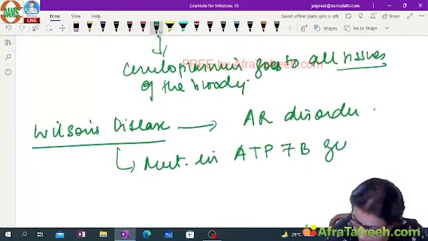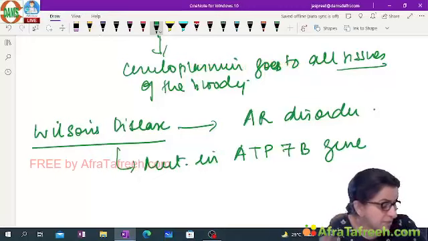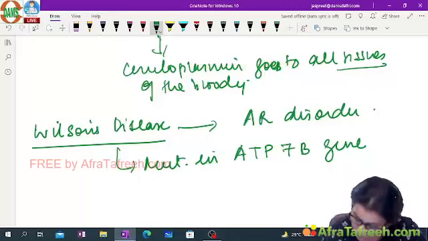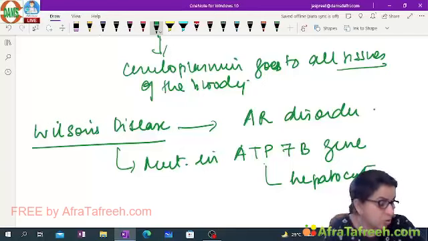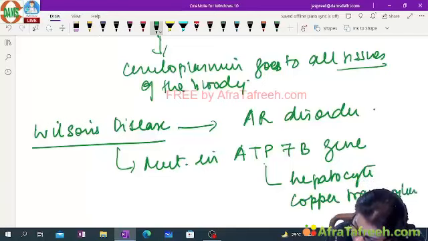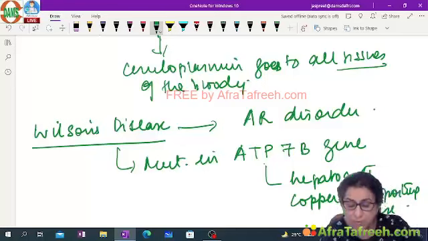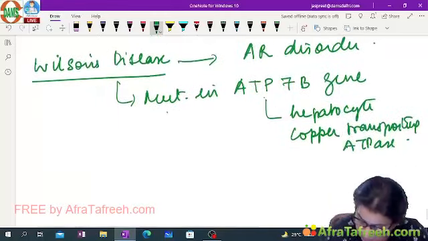You know what this ATP7B is? As we know, it is a hepatocyte copper transporting ATPase. So there is a mutation in this ATP7B gene.